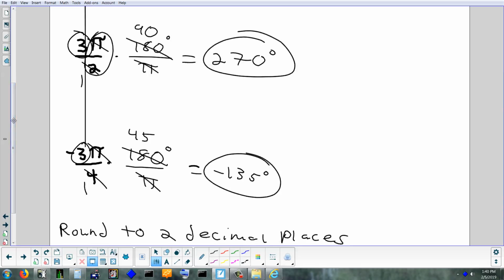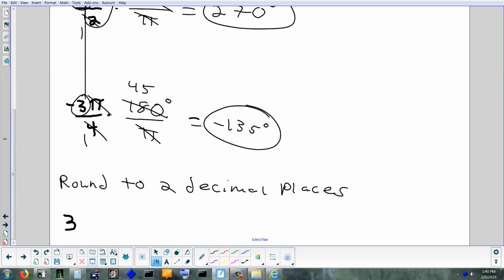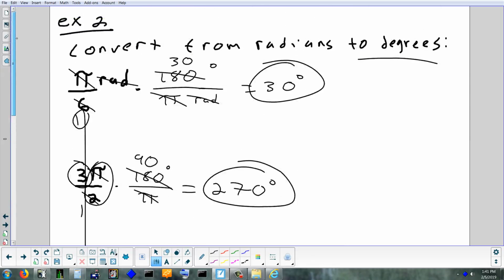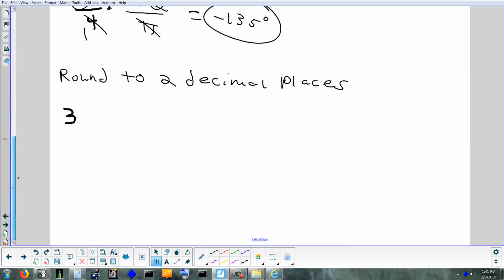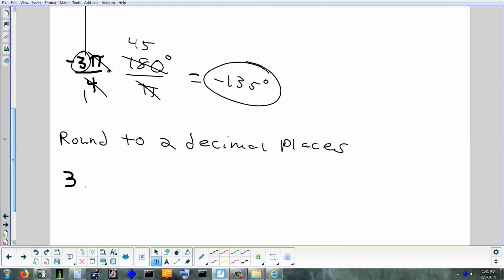Questions on that? Okay, and last one we'll look at is round to 2 decimal places, and it's just 3. Okay, and the directions are the same as what's above. Convert from radians to degrees. So, same step. Multiply by 180, divide by pi.